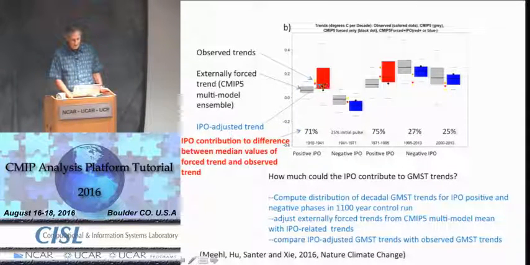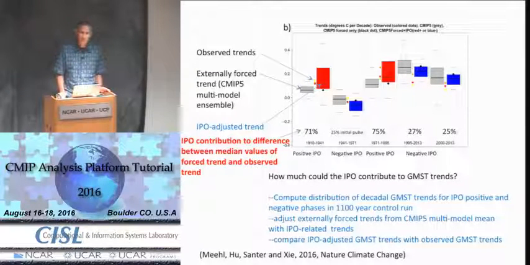So now the median of this distribution is a lot closer to the observations than the multi-model ensemble average, which is the externally forced response, and we can say that we get closer to the observations to the tune of about 71% of this difference being accounted for by this internally generated decadal climate variability, the noise, right?